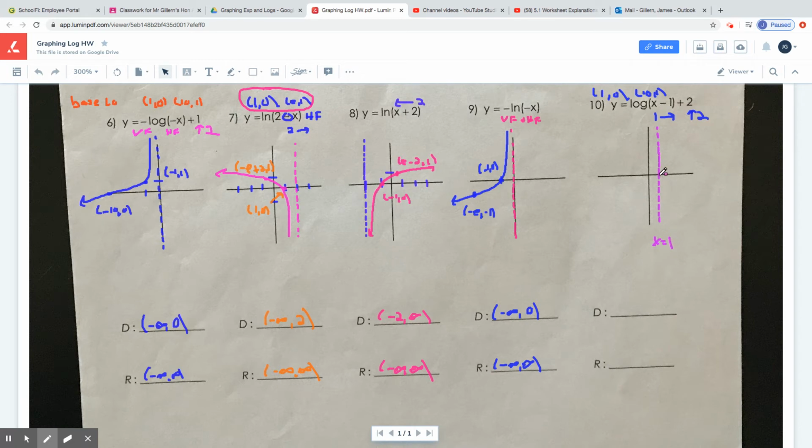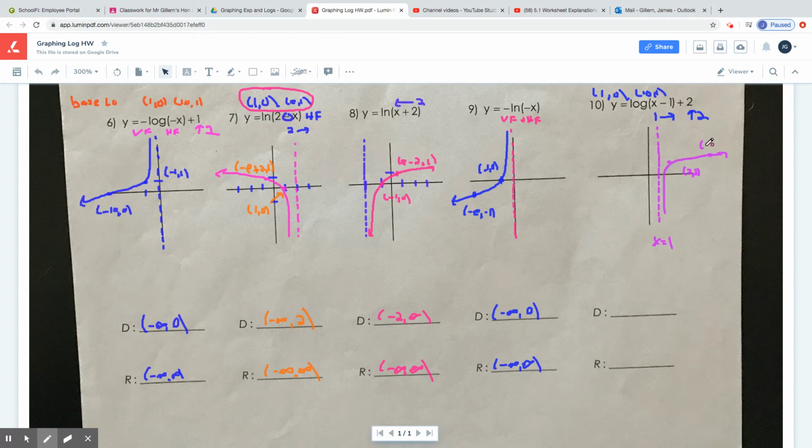All right, so 1, 0, I normally move that 1 to the right, which makes that 2, 0, up 2, which means that is at 2, 2. All right, so I have a point at 2, 2. 10, 1. I move that to the right, it's 11, 1. Move it up 2, it's at 11, 3.